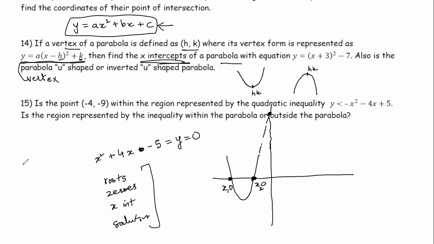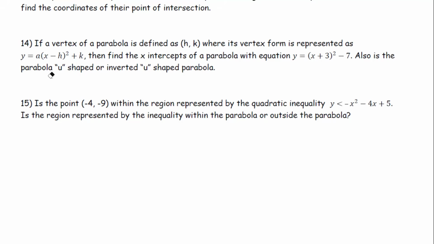So the question out here is: find the x-intercept. To find the x-intercept, what do you need to do, guys? Very simple. Simply plug in y as 0 and solve it. So 0 is equal to x square plus 6x plus 9 minus 7. So what you have is 0 is equal to x square plus 6x plus 2.